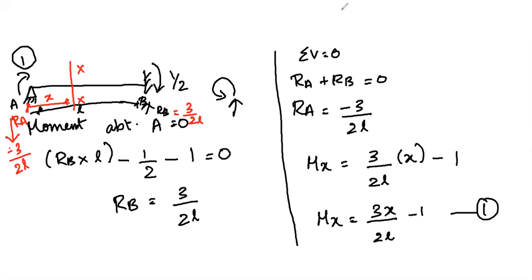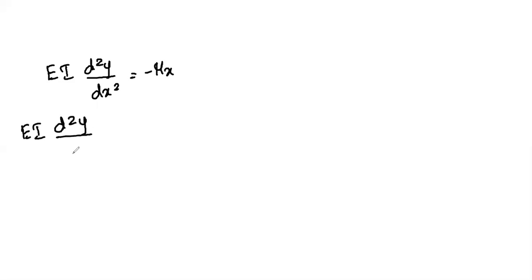Next we are going to apply this value in Macaulay's double integration equation. EI d square y by dx square is equal to minus Mx. Now we know the value of Mx, the moment about section x.